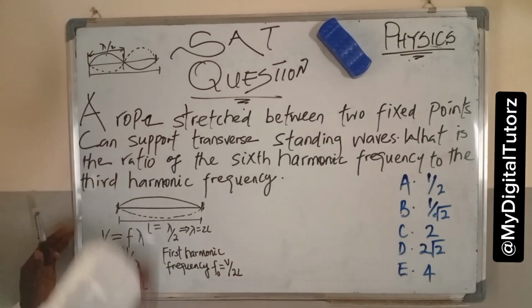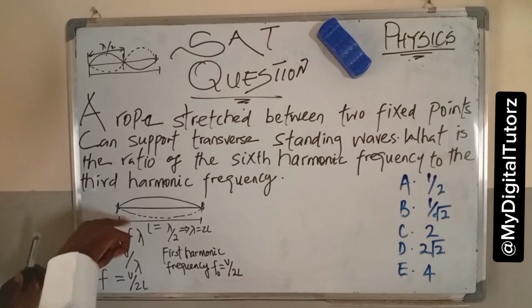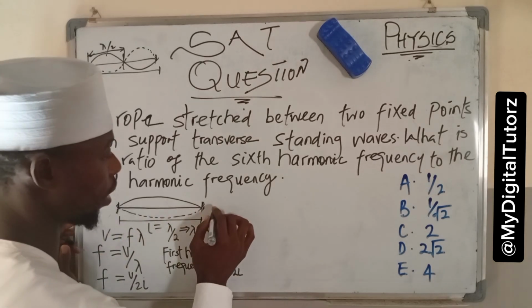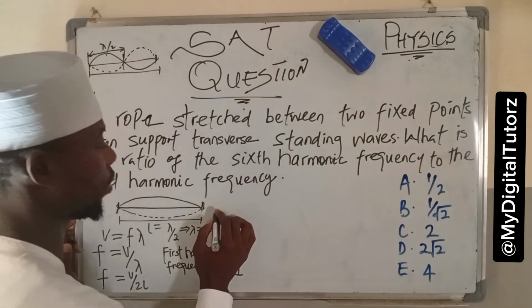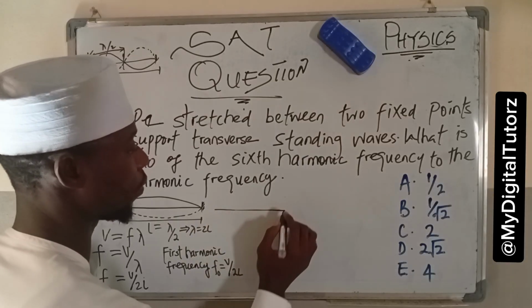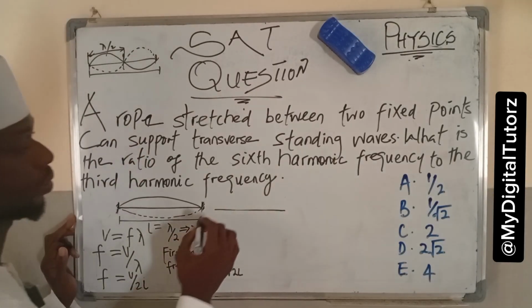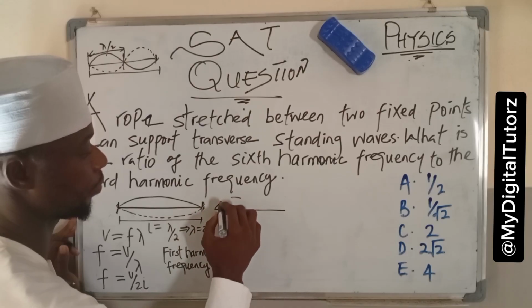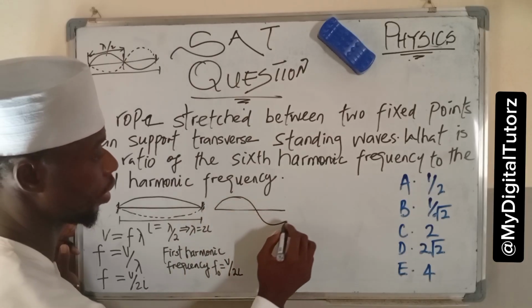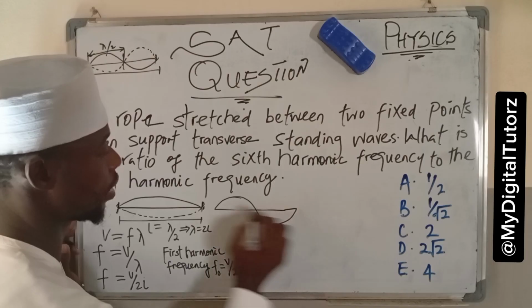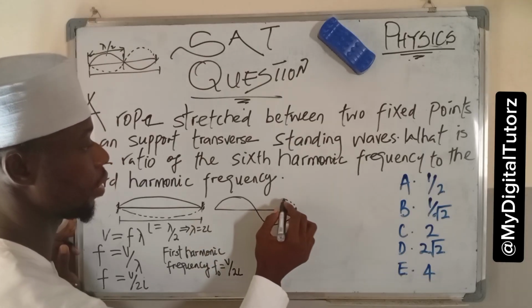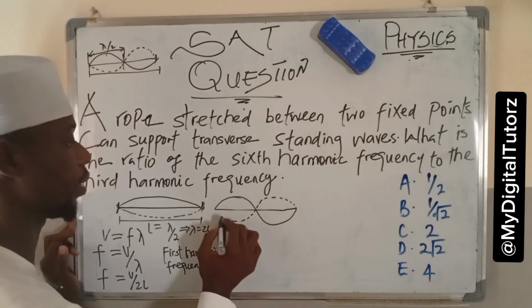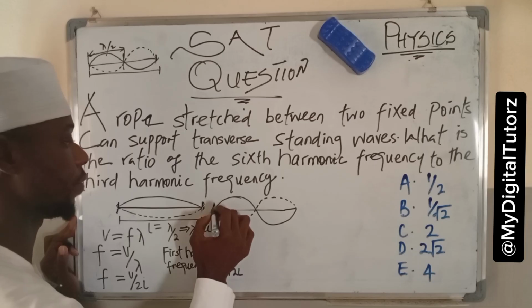So if I disturb this more than the first one, we are going to have another set of standing waves formed, which is going to be like this. Here is the incident, here is the reflected. Remember, it's a fixed position.